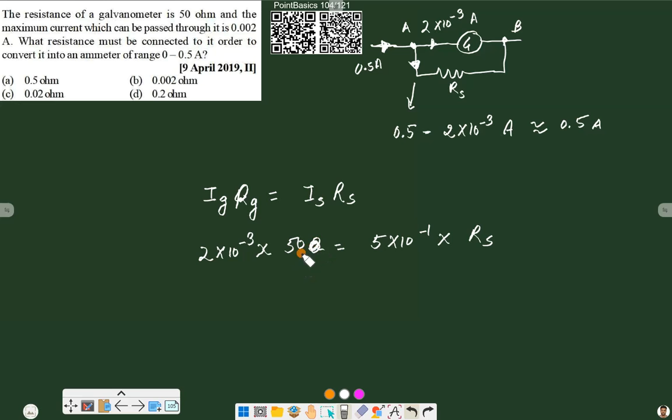So leaving this, we will get 50 into 2 into 10 raised to power minus 3, so 10 raised to power minus 1 we will have from this, and from here we divide by 5 into 10 raised to power minus 1, which is equal to Rs. These will get cancelled and Rs will be 0.2 ohm. That is option D. So option D will be the right answer. Moving to the next one.